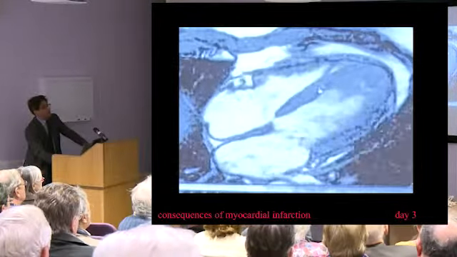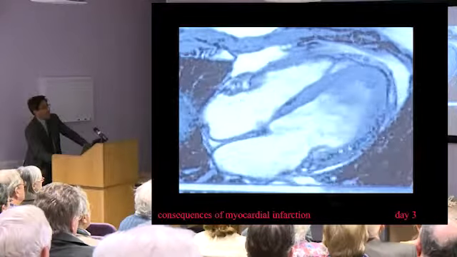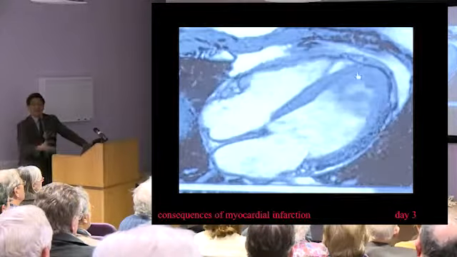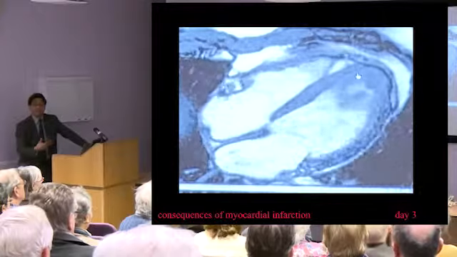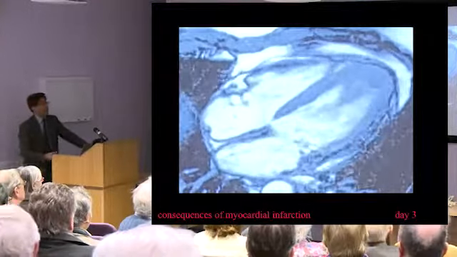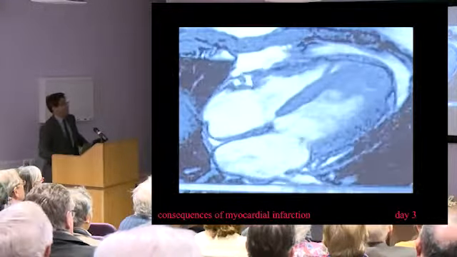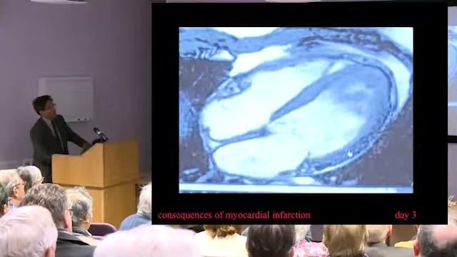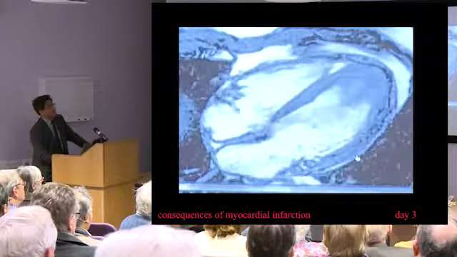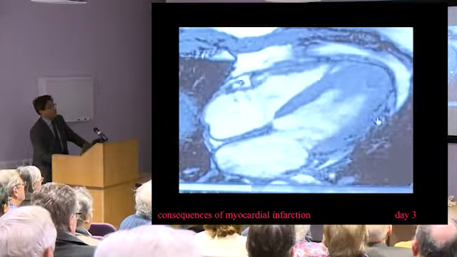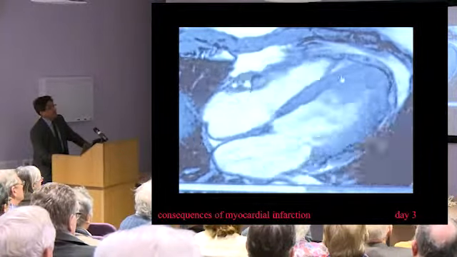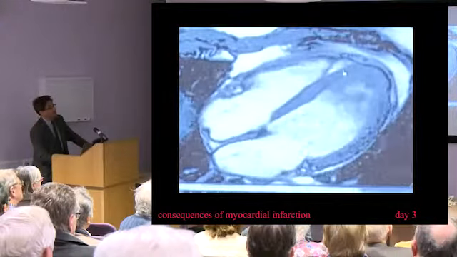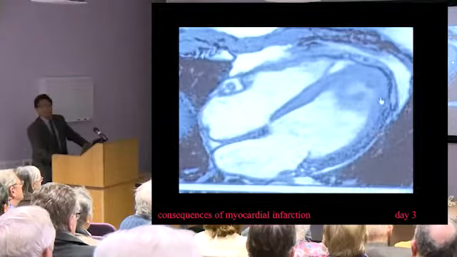The white in the center is blood, and we see it as white not because we've introduced any exogenous contrast material, but because the MRI technique is clever enough to pick up the blood as white in this particular sequence. The heart muscle down here, along the so-called lateral border, is moving more or less normally. But you'll readily appreciate that this portion of the heart muscle is completely static.